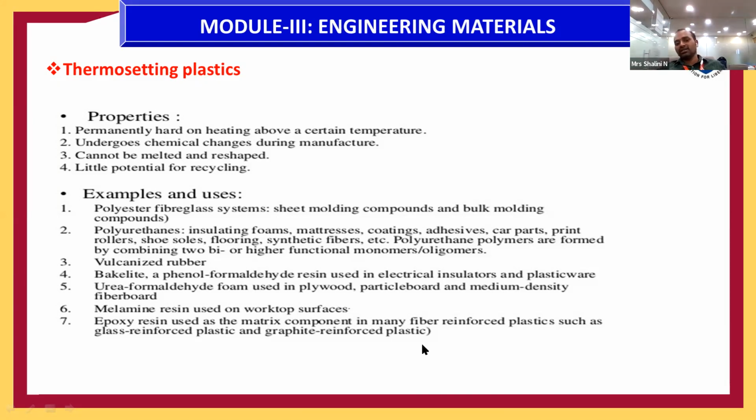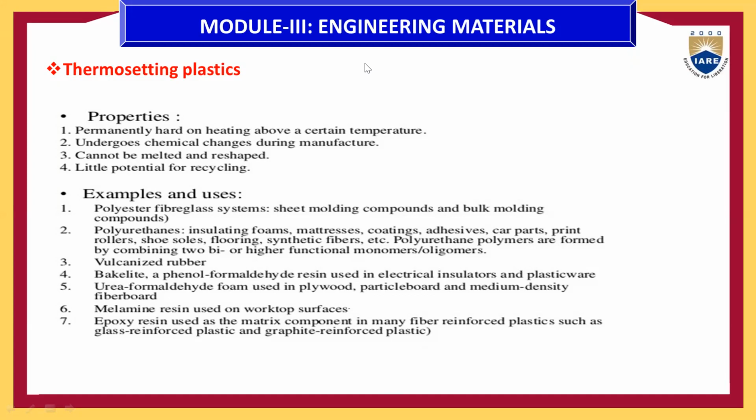So these are the examples, uses, and properties of thermoplastics and thermosettings. Any doubts, Likita? No, sir. What is the difference between thermoplastic and thermosetting? Thermoplastic is something that melts while heating and, on cooling, gets molded.